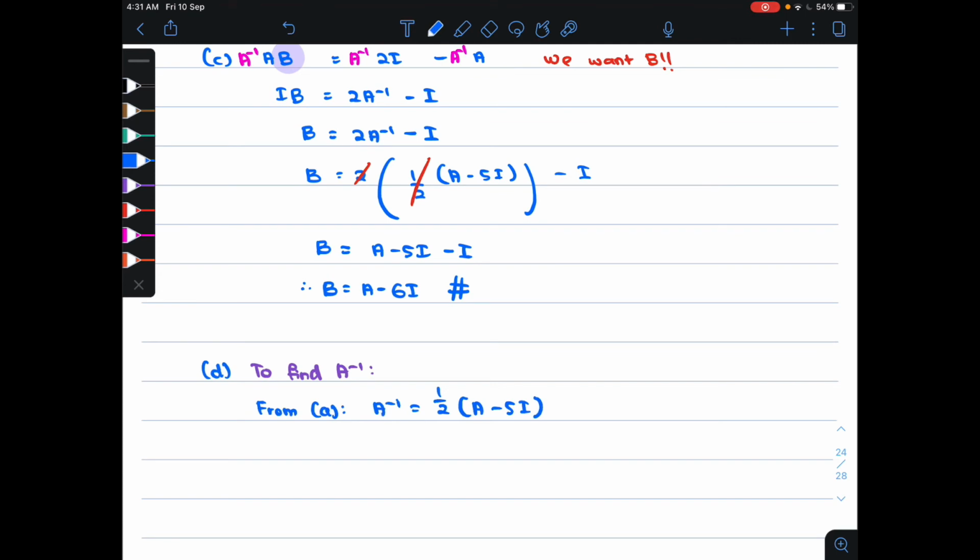From part A, we know that A inverse is equal to half times A minus 5I.